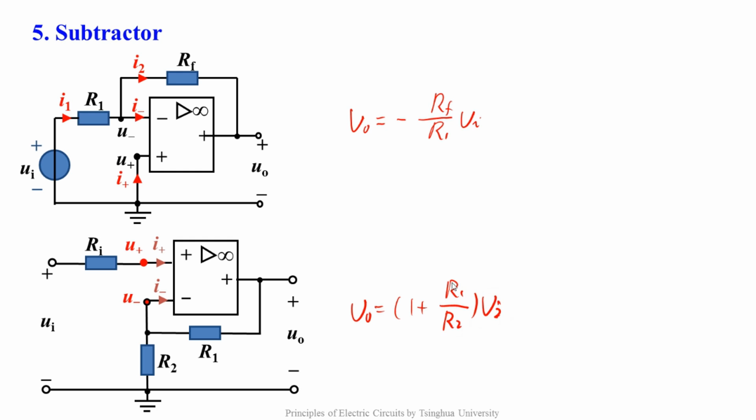If the op-amp's inverting input and non-inverting input are both connected with voltage sources, intuitively, UO should be the addition of the two outputs. In other words, UO equals 1 plus R1 over R2 times U1 minus RF over R1 times U2.